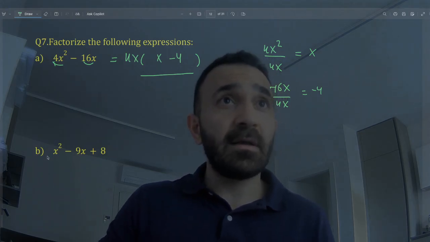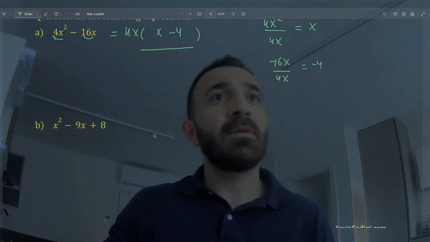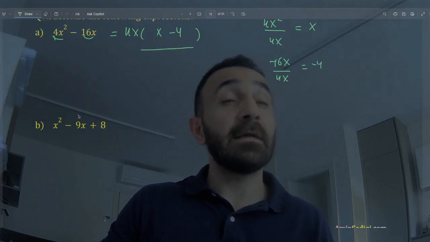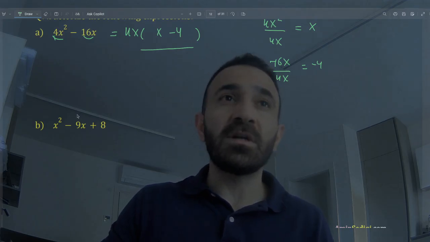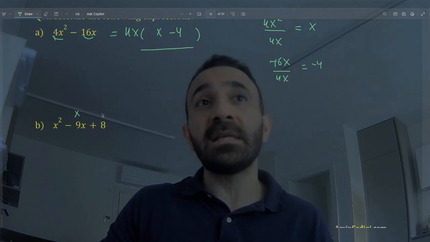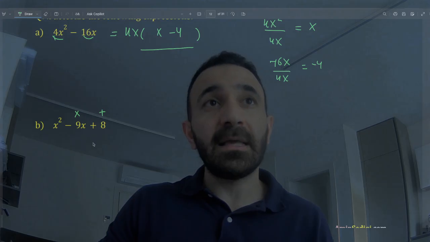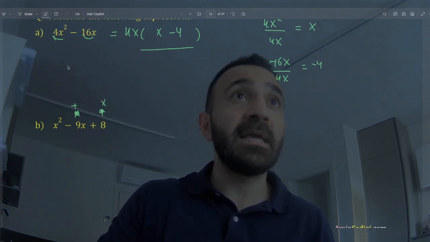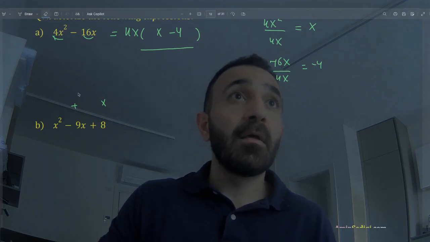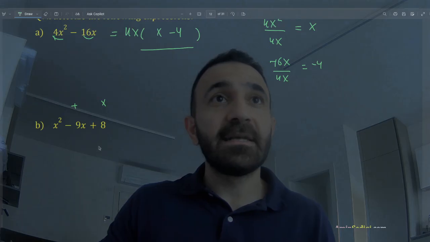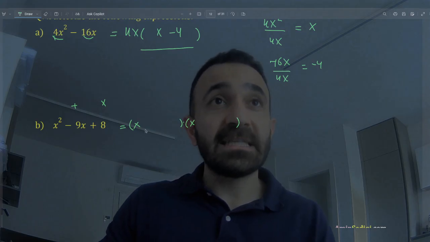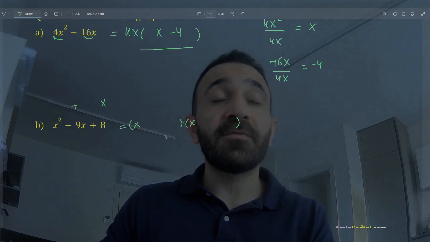One other case. x squared minus 9x plus 8. You're going to find two numbers whose addition is minus 9 and whose multiplication is 8.